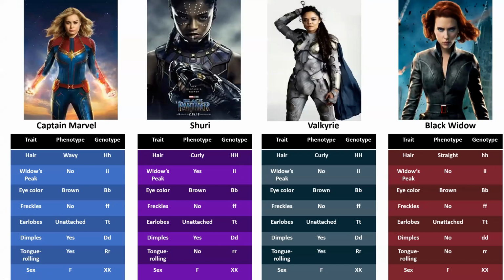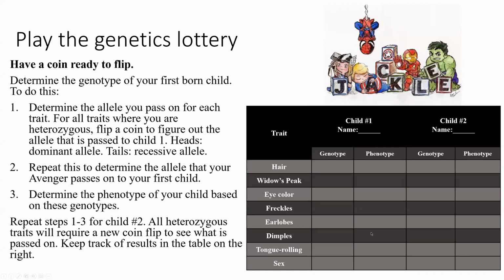And then you would go to this chart and you would essentially determine the genotype of your firstborn child. So to do this, for hair, my genotype was a capital H, lowercase h. Since I'm heterozygous, I'm going to flip a coin. If it's heads, I'm going to write down the dominant trait here. If it's tails, I'm going to write down the recessive trait here.